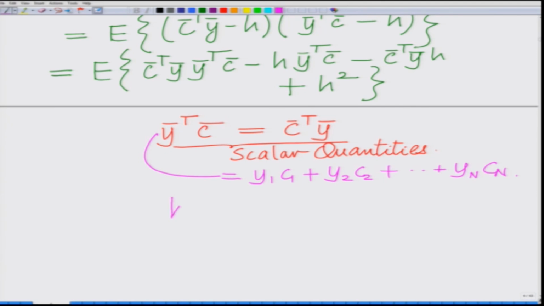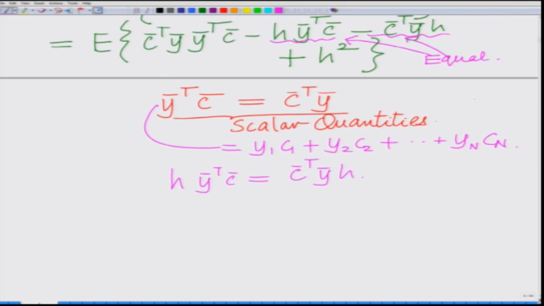Now I can multiply both sides by H, which is a scalar quantity: H Y bar transpose C bar equals C bar transpose Y bar times H. So these two quantities, H Y bar transpose C bar and C bar transpose Y bar H, are equal. Now we are going to use this principle to simplify this.